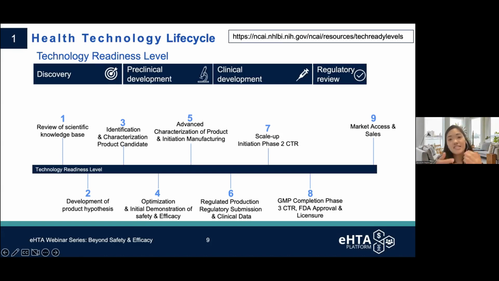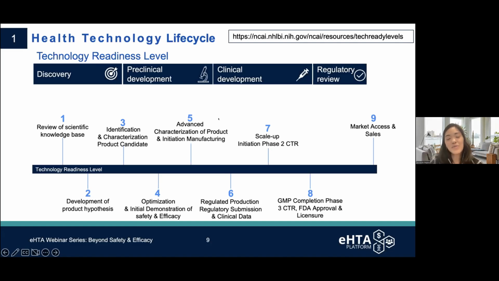The TRL has been adapted for therapeutics, medical devices, and diagnostic tests. I believe NMIN has its own TRL that might be available in the future. In the meantime, I would also recommend you check out the NCAI TRL, which provides an excellent overview of each level and will help you see at what stage you are in the health technology life cycle.